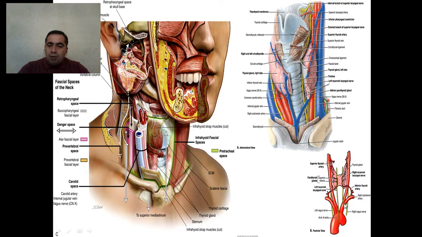Please don't confuse it: the right branch is on your right side, the first branch, the brachiocephalic trunk, which gives the origin for the right common carotid artery. Here is the left common carotid artery. Of course, the left common carotid artery is longer than the right one.